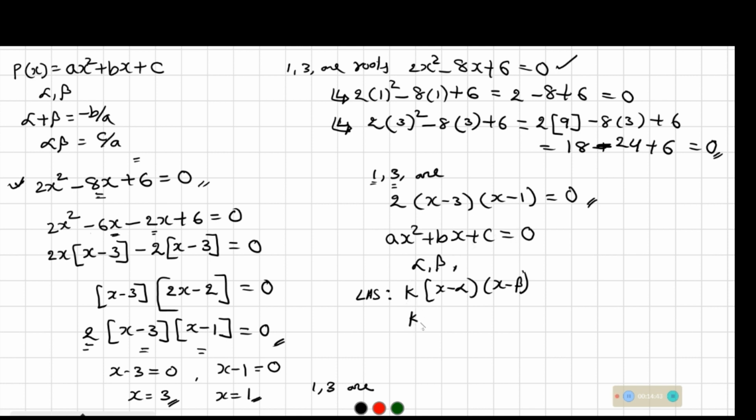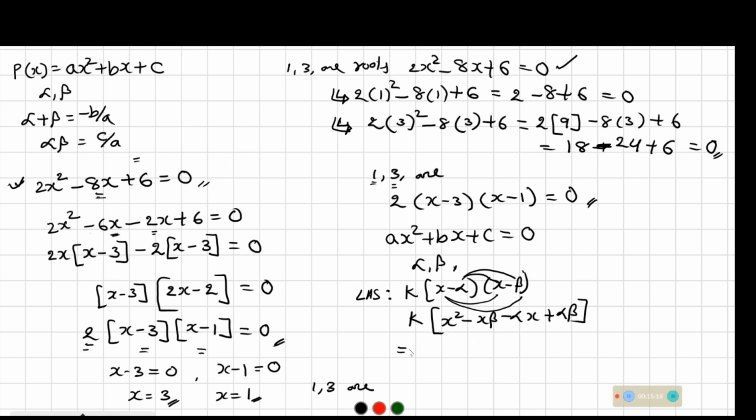Then k into, if you multiply these two, how do you multiply? x into x, x square, and x into beta, minus x beta. Similarly, alpha into x, minus alpha x, and minus into minus, plus alpha beta.